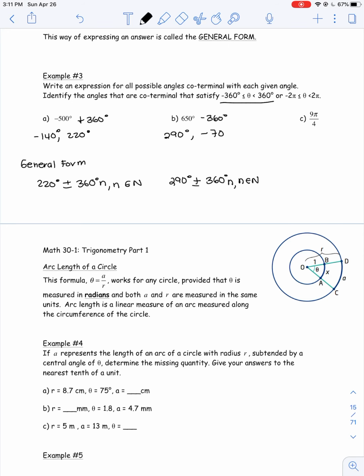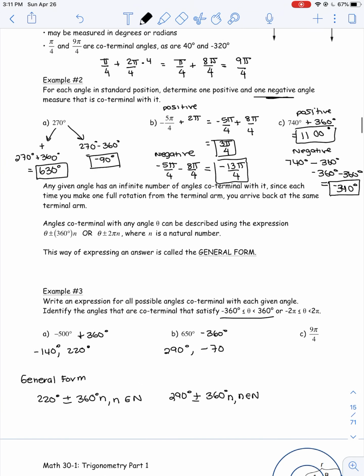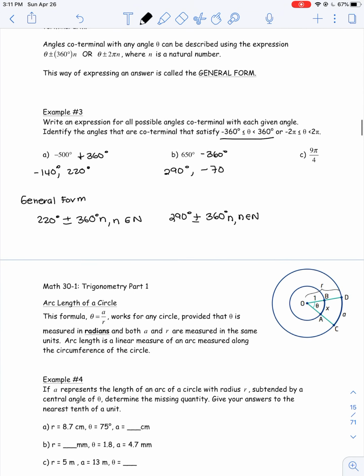Now for this next one, 9π over 4, if we look previously, that's going to be over 2π. We can only go from negative 2π to positive 2π. So that means we're going to subtract 2π from that value and keep subtracting until we get between negative 2π and positive 2π. So 9π over 4, we're subtracting 8π over 4, and that gives me π over 4.